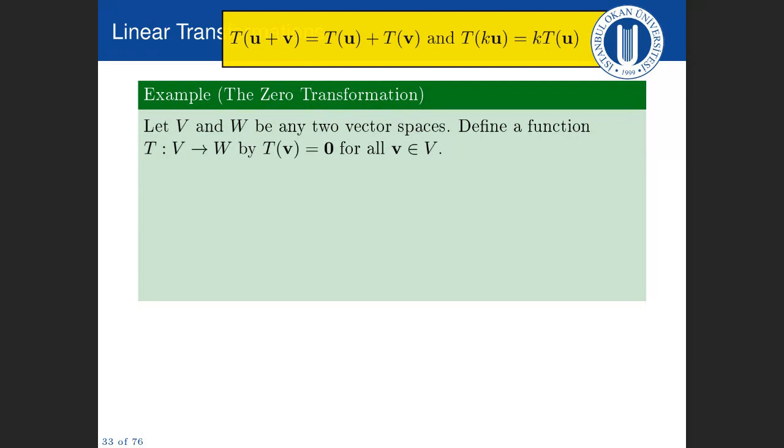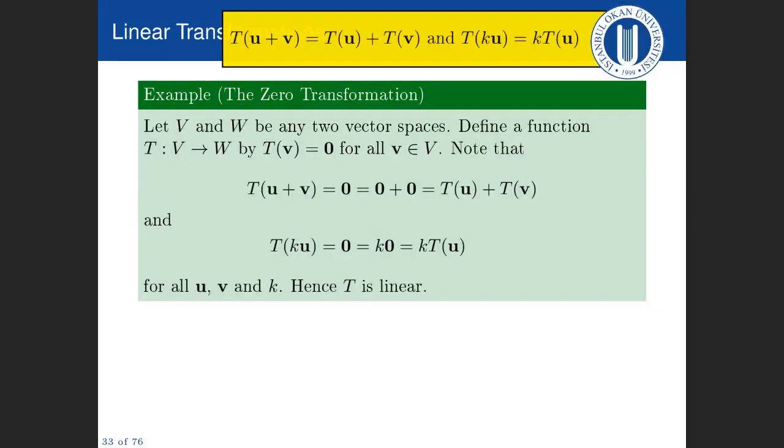Let V and W be any two vector spaces, and I want to define a function from V to W by the formula T of V is equal to the 0 vector for every vector V. Does this satisfy the two rules in the yellow box? Yes, because T of U plus V is the 0 vector and TU plus TV is also the 0 vector.